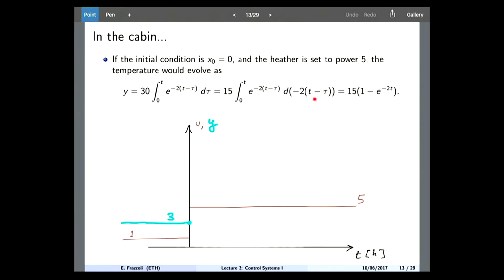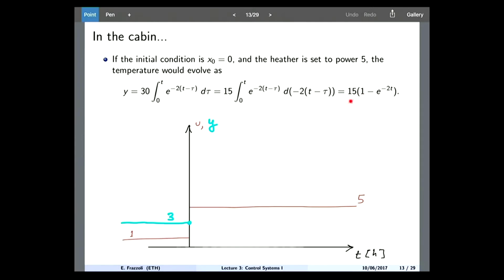I have the steps here on the slide. You can do it on your own. But what you get at the end is this expression here, okay? So this is actually the solution of that integral. What you see here is that this is something that you can write as 15 minus 15 that multiplies this decaying exponential.